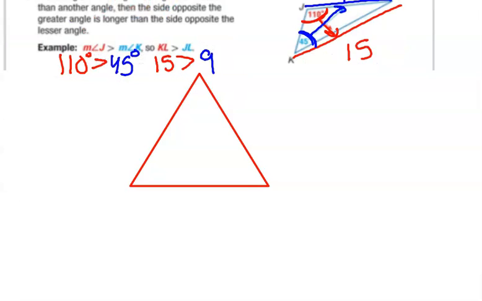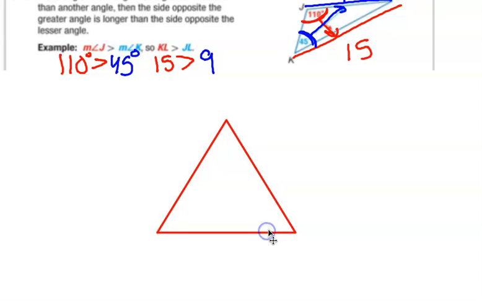Let's draw another example and color code it so we can see this. I'm going to pick the color green. I'm going to make that angle green, and the side that's opposite of it also green. That angle goes with that side.